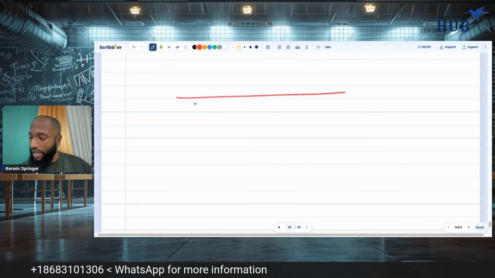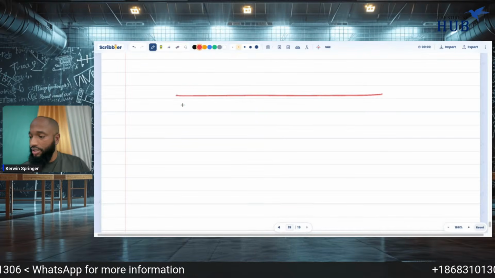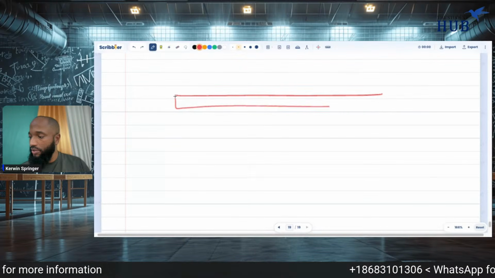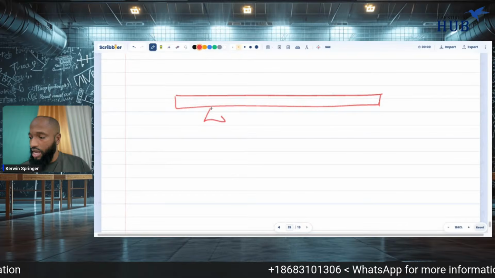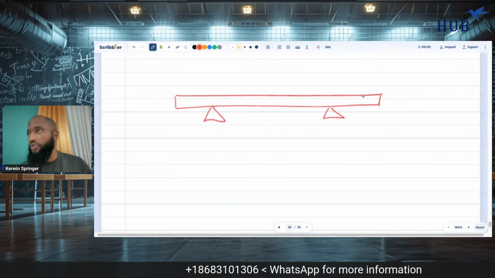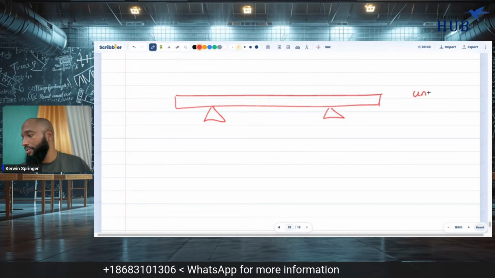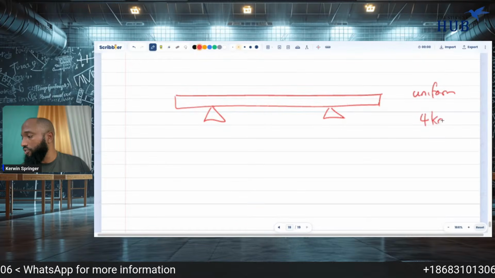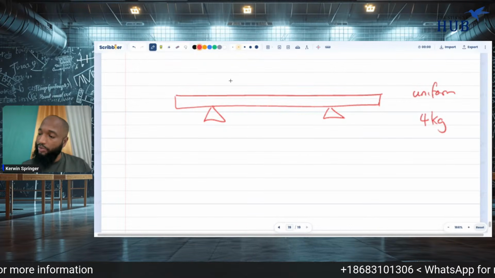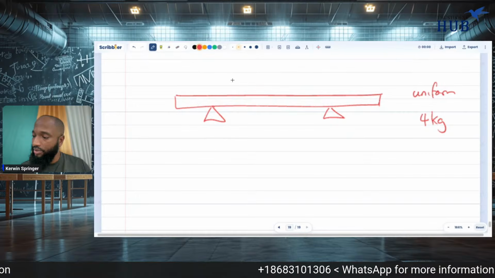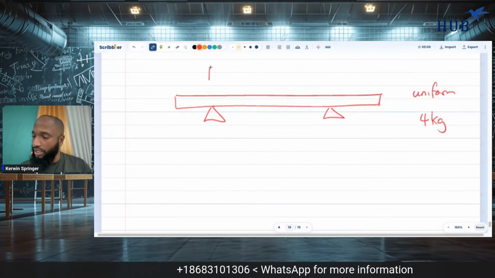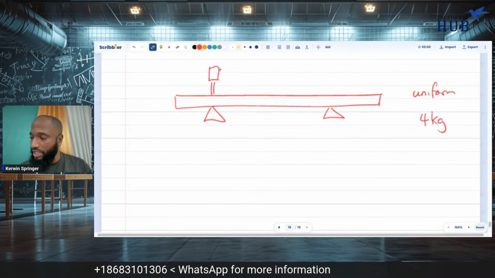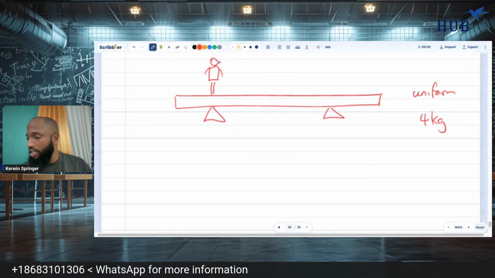Let's say there's a plank. And the plank is of uniform weight. And the plank is 4 kgs. And let's do a special question. We have Mr. Meritless standing up here on the plank.